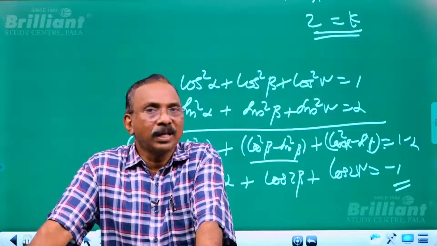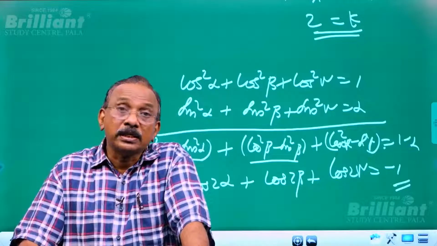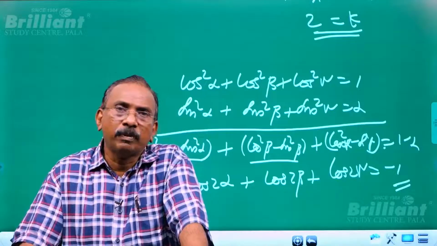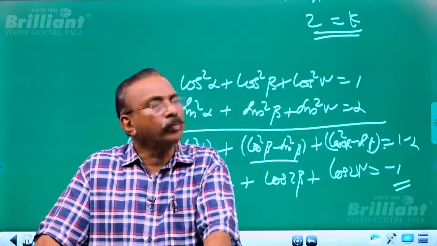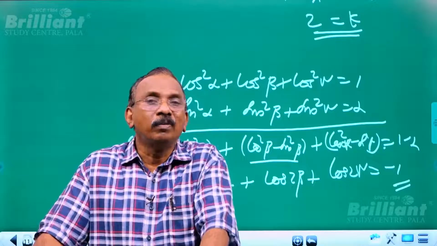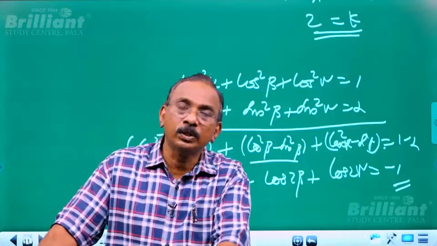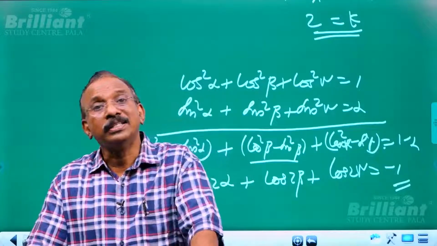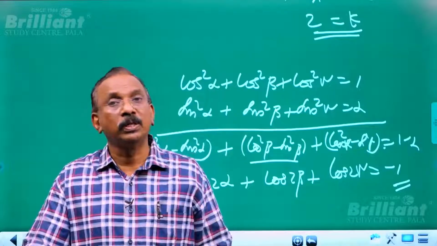So if alpha and beta are given, you are able to find gamma. Likewise, sin square alpha plus sin square beta plus sin square gamma gives you k, which is 2. When you subtract both, it provides one more equation: cos 2 alpha plus cos 2 beta plus cos 2 gamma is always minus 1. So keep in mind, some useful expressions are there.